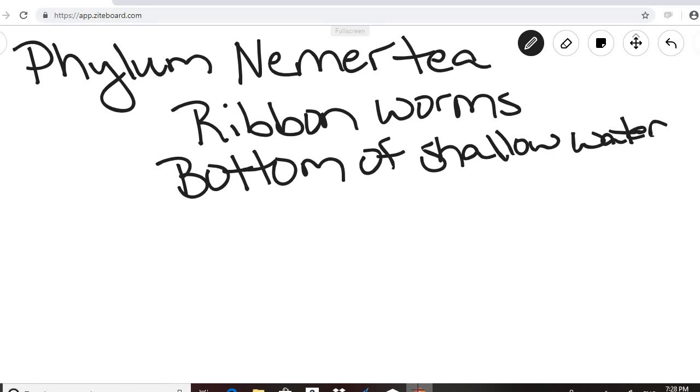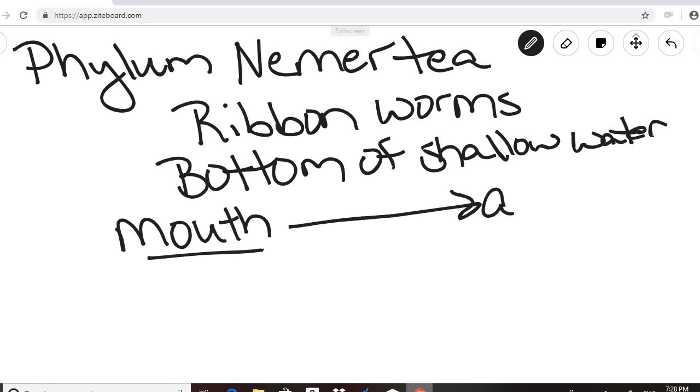The thing about Nemertea is that they do have a true digestive system. So their digestive system starts in the mouth and it goes to the anus. So they take in food through the mouth, it travels through the digestive system and gets eliminated.